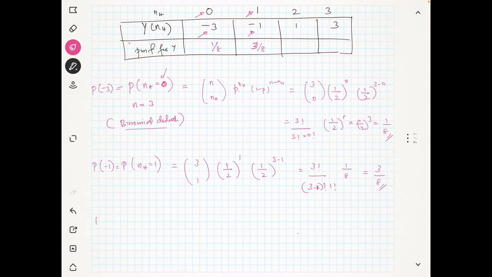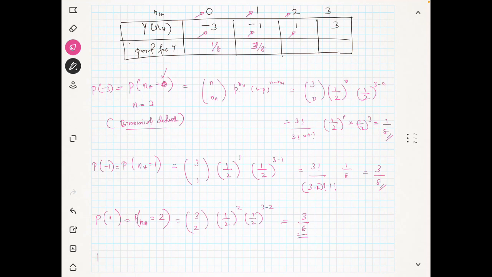Now the probability of 1 is the probability that nh takes the value 2, because it comes directly from nh. It is 3 choose 2, 1 by 2 power 2, 1 by 2 power 3 minus 2, which is again 3 by 8.